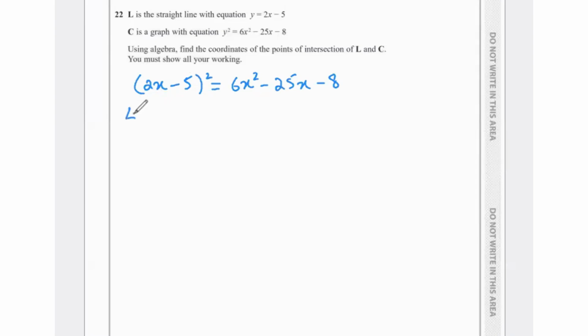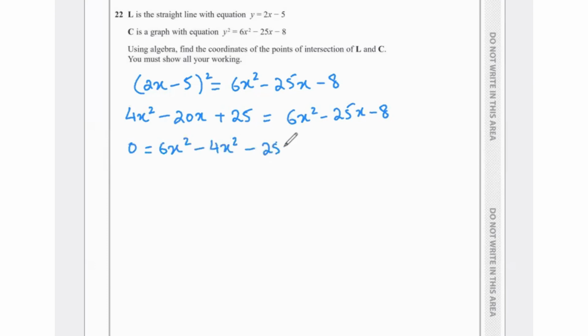That's going to be 4x squared minus 20x plus 25 equal to 6x squared minus 25x minus 8. Bring everything on the right-hand side. So 6x squared minus 4x squared minus 25x plus 20x minus 8 minus 25.